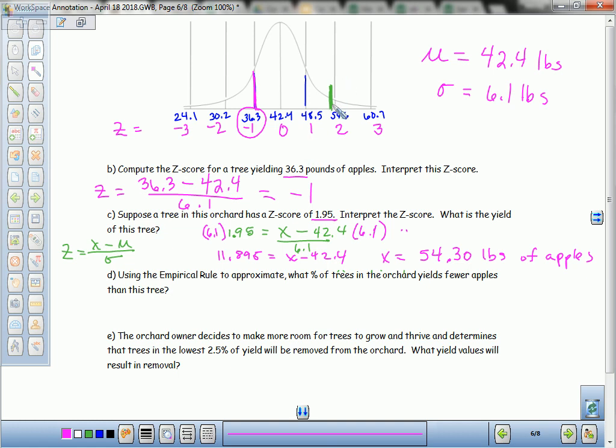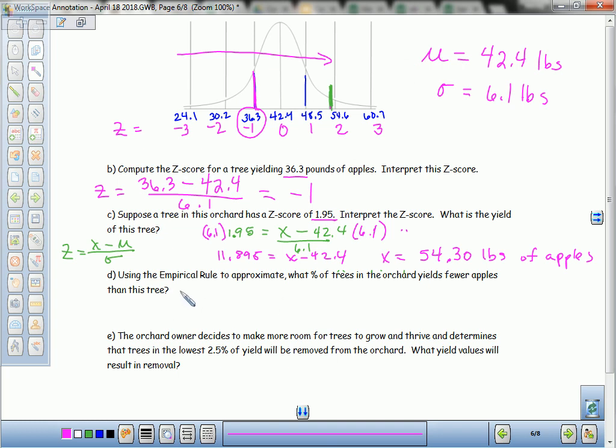All right, now if we used the empirical rule to find what percent of trees yield fewer apples, we would need to add up everything up to here, wouldn't we? So would it be easier just to subtract that 2.5% that's over here?